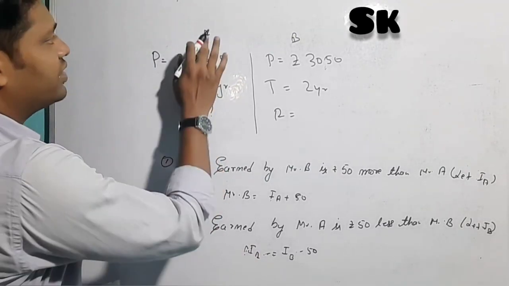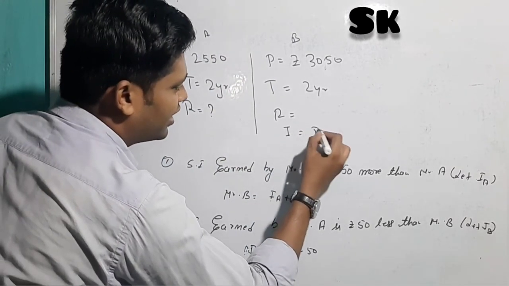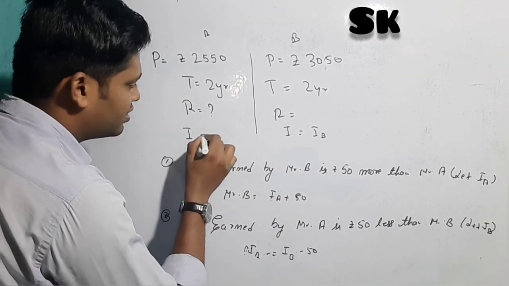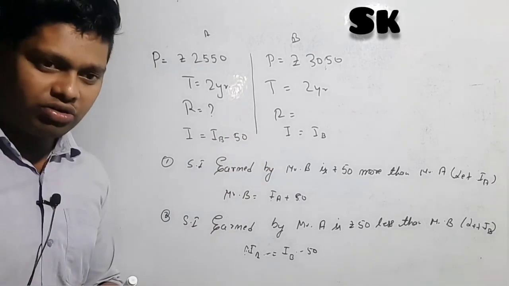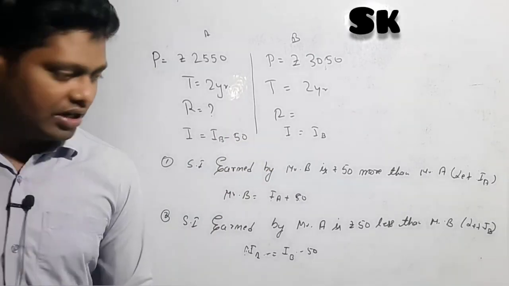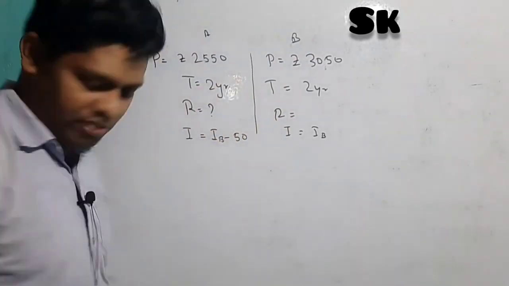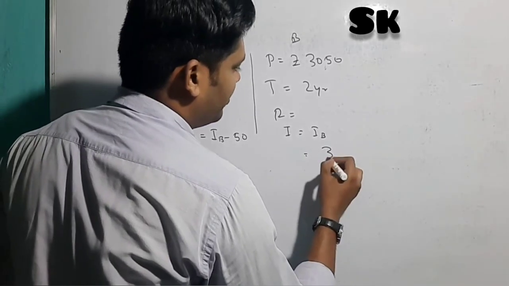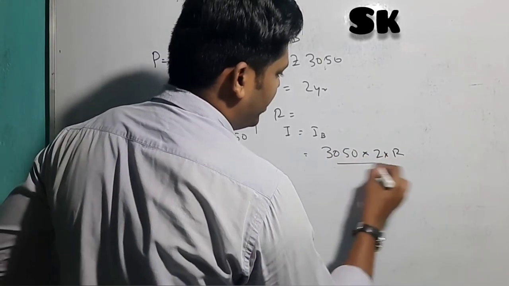They are saying that the interest earned by this person is 50 less. So here interest is IB, and the interest of A is IB minus 50. Understood? Okay, let me erase this one. I will do the sum. Now how to solve this one? Easy. Find out the interest of this one. Interest is P into T into R by 100.